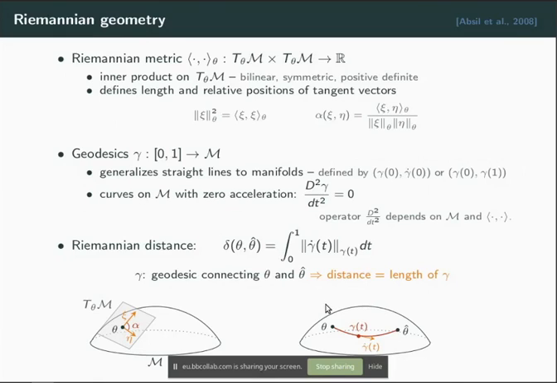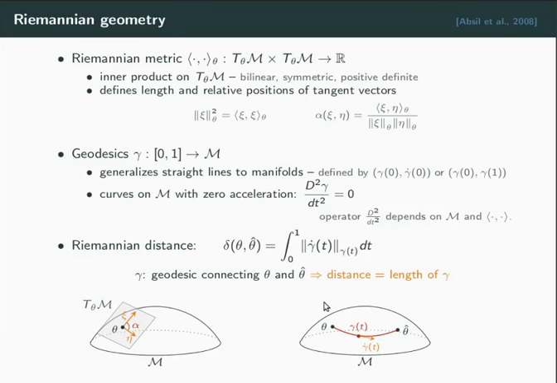So geodesics generalize the concept of straight lines to manifold, and it's basically the idea of straight lines as curves on the manifold with no acceleration. So no acceleration, we have this differential equation here, and I won't talk more about the operator of second derivatives here, but just know that it depends on the structure of the manifold and on the choice of the Riemannian metric.